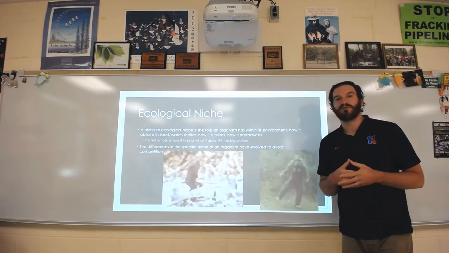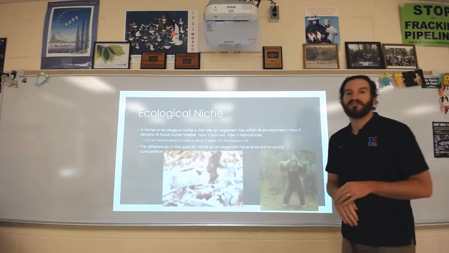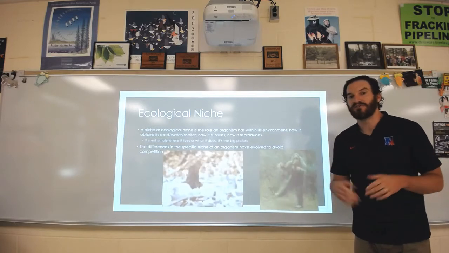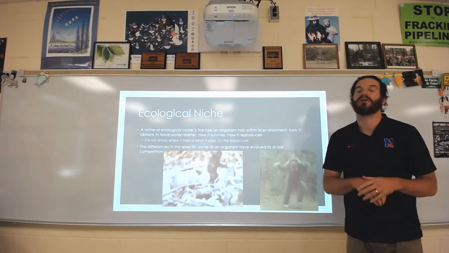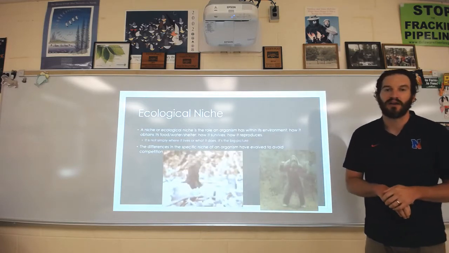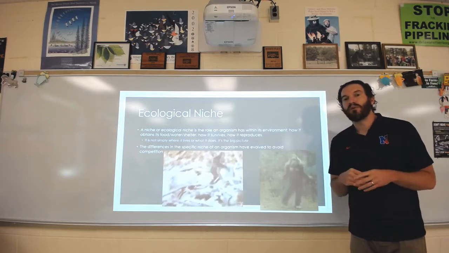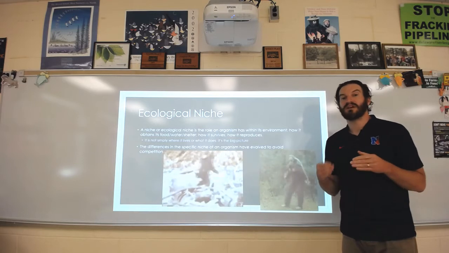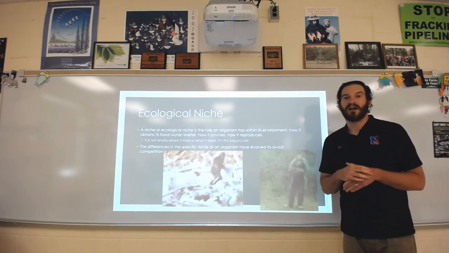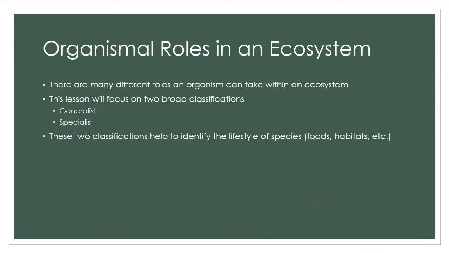The goal is to conserve energy and then use that energy for reproduction and to continue to grow and develop, not to have to fight to get your food and all the things that you need, those limiting factors. So conserving energy is really important, and niche diversity is incredibly important within an ecosystem because that's how organisms have evolved to minimize competition. So what are some examples of roles within an ecosystem?